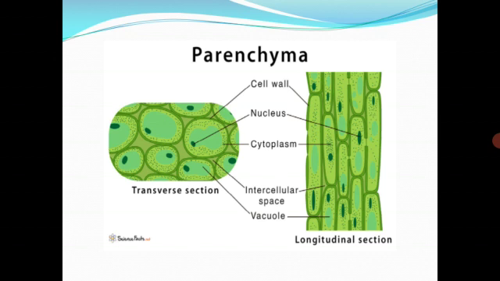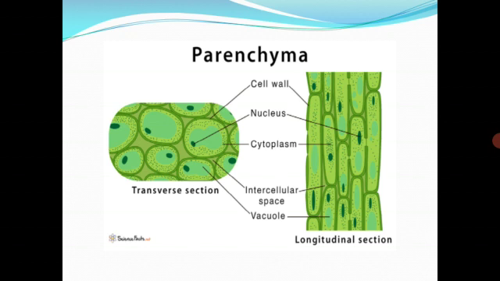parenchyma. These parenchyma cells are involved in many physiological activities like photosynthesis, respiration, storage, secretion, and excretion. They are helpful in the conduction of water, mineral salts, and food materials. One type of parenchyma, aerenchyma, gives buoyancy to the aquatic plant.